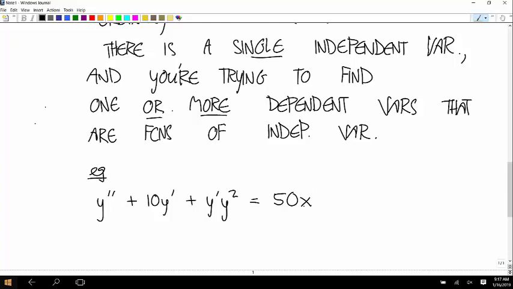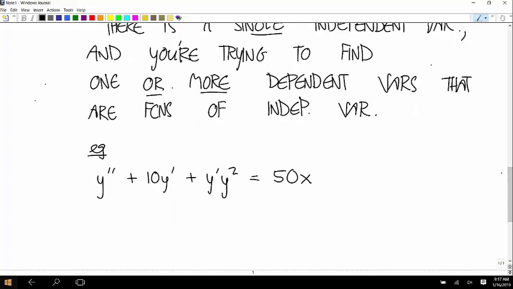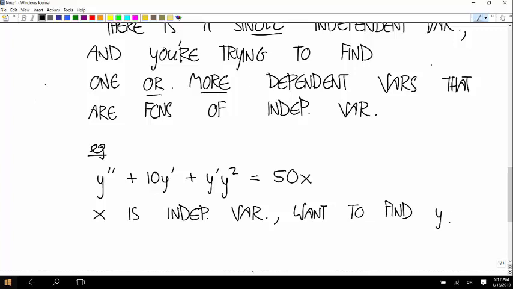So what are we trying to find here? In this case, x is the independent variable. There's only one of them. And we want to find y of x.